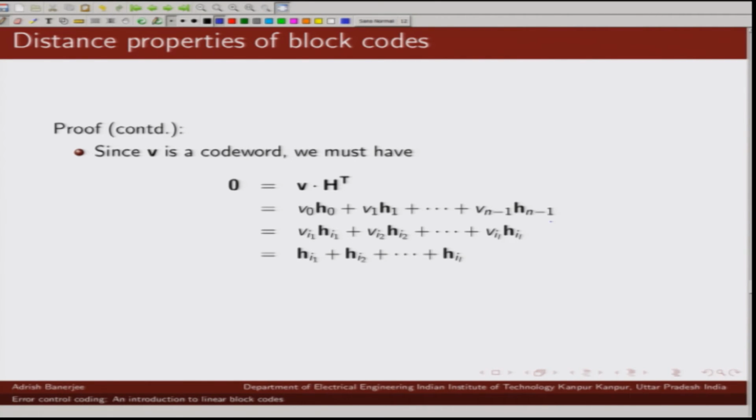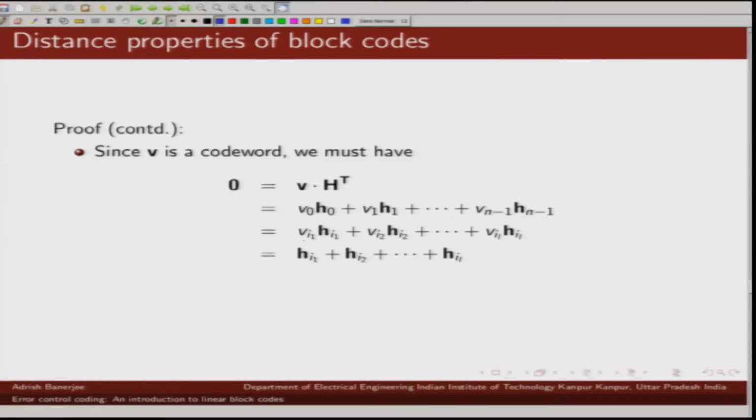Now, note that among these V0, V1, V2 up to Vn minus 1, there are L components which are non-zero, and what are those L components? Vi1, Vi2, Vi3 up to ViL. So, all other components of V will be 0.